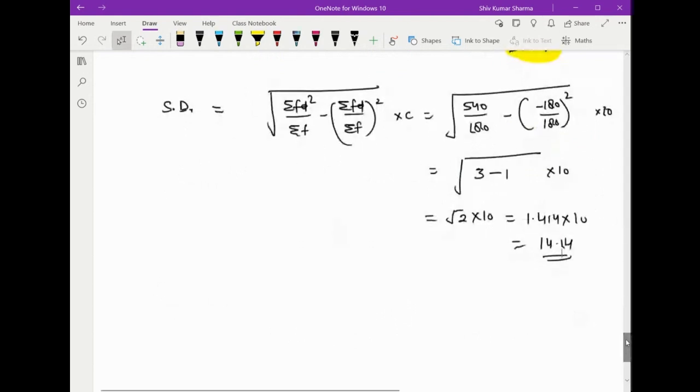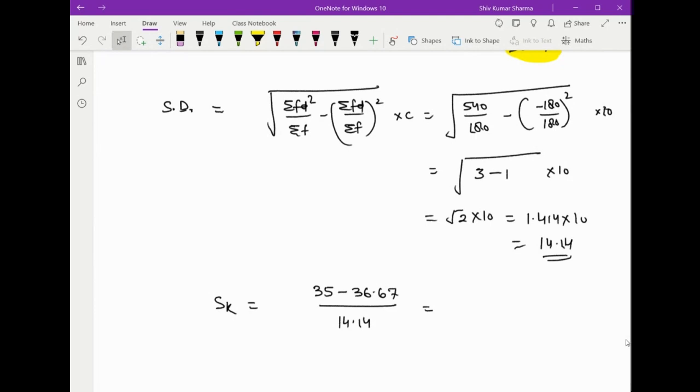Now we calculate skewness. Skewness is equal to mean minus mode, 36.67, upon the standard deviation, 14.14.